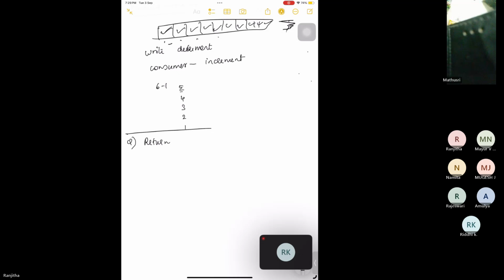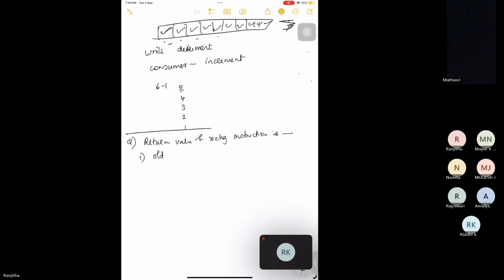The return value of the XCHG instruction is dash: old value to new value, 1 if the operation succeeds and 0 if the operation fails, or none of the above.